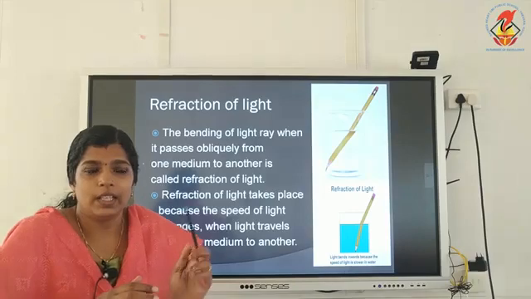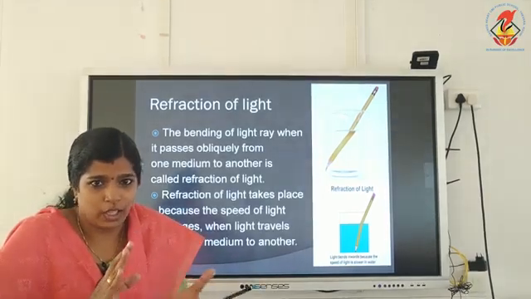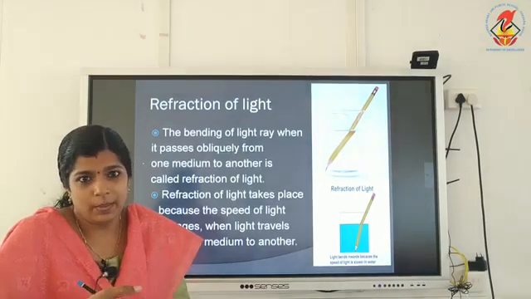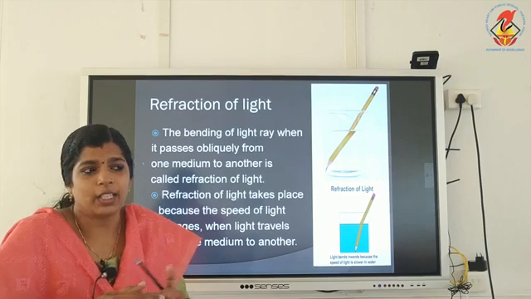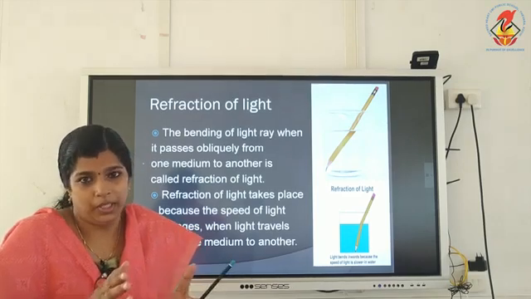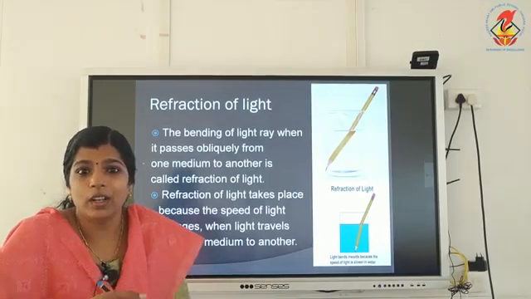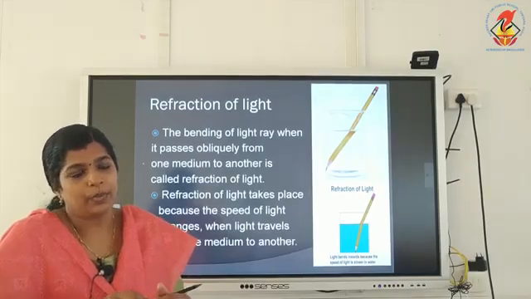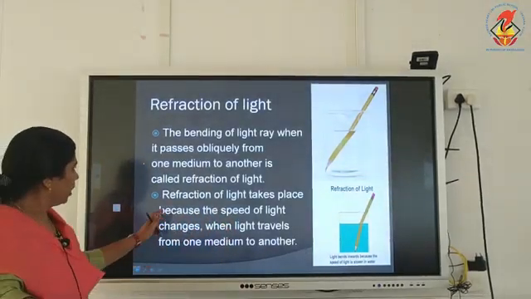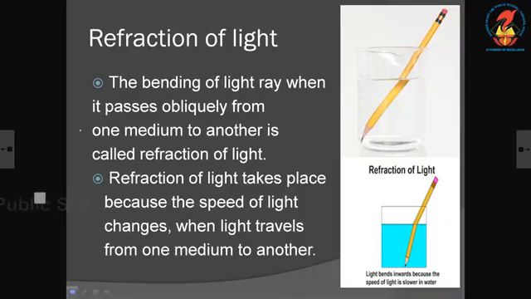At the surface of that intersection, there will be a bending, and that bending is due to the change in the speed of light in the two media. Refraction of light takes place because the speed of light changes when light travels from one medium to another.